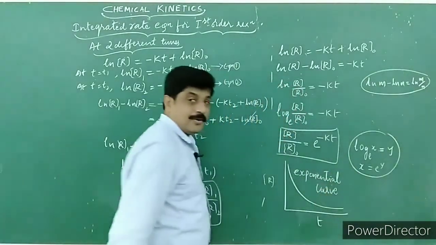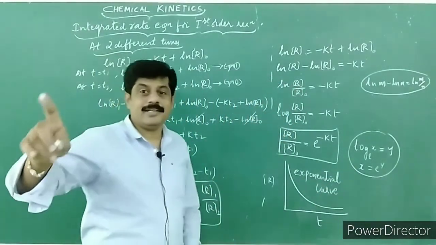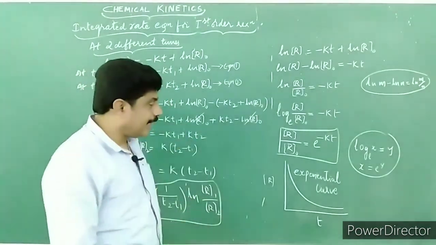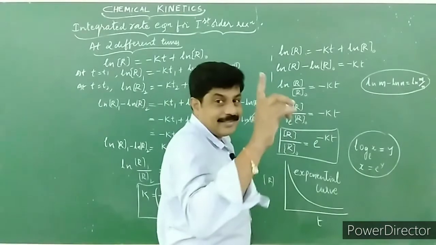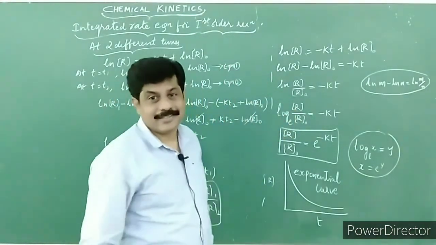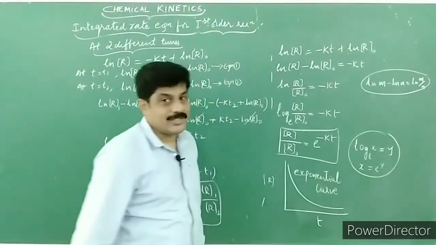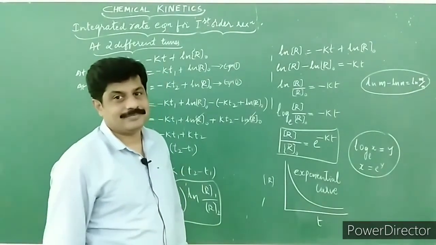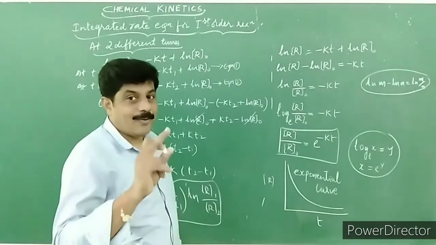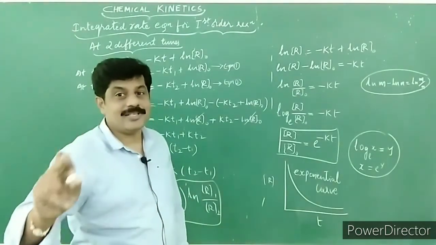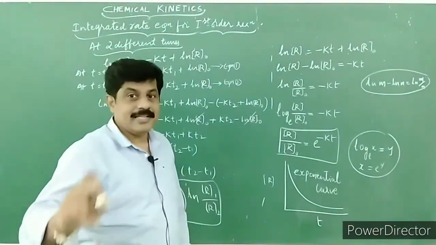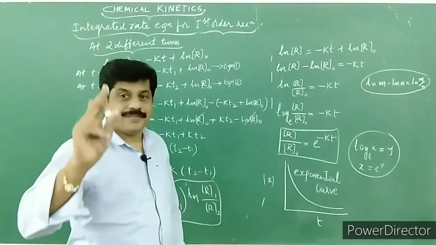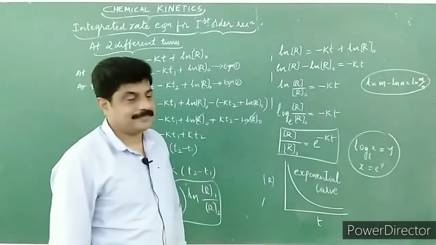Always remember, all the naturally occurring as well as the artificial radioactive elements undergo decay as per first order kinetics, and this is the exponential decay curve for all the radioactive elements. All the artificial and naturally occurring radioactive substances undergo decomposition or decay as per first order kinetics.